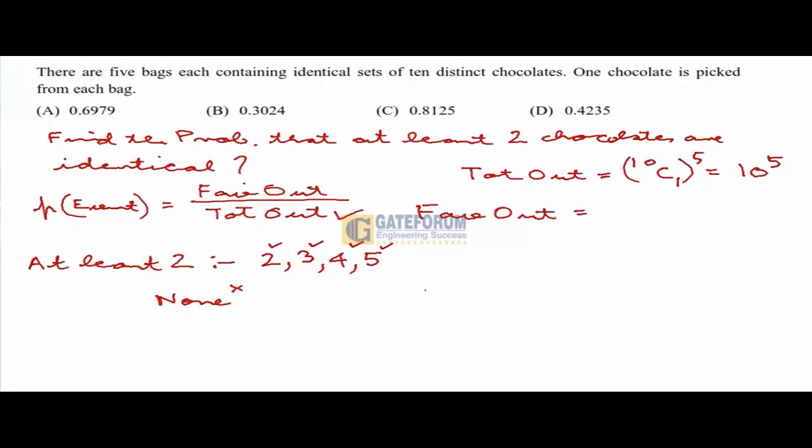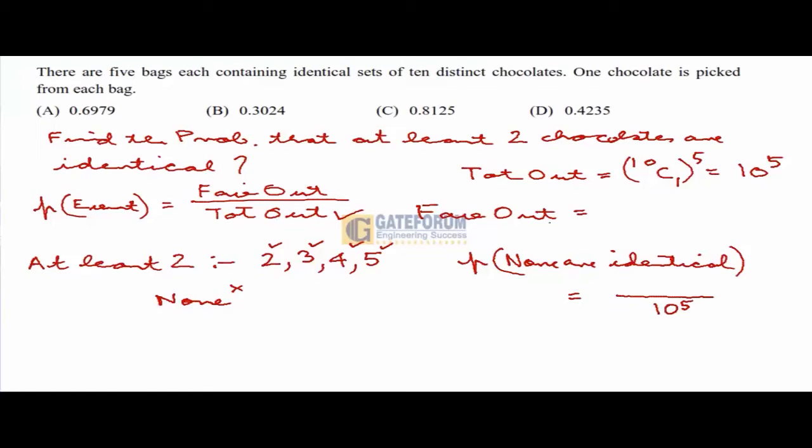So I will say, let me find out the probability that none are identical. So how do I do that? That would also be equal to the total outcome, which is 10 to the power 5. Okay. Now the favorable outcome will be how much? You see, none of them are identical.